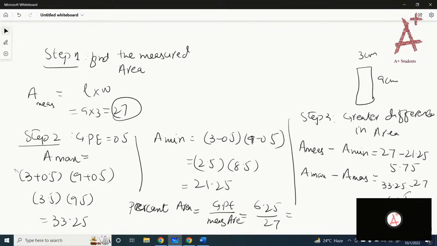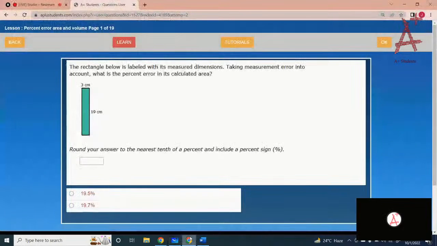So divide 6.25 by 27. 6.25 divided by 27 is 0.19, that is 19%. Got it? So select 19.5%, sorry, select the correct option and click on the OK button.